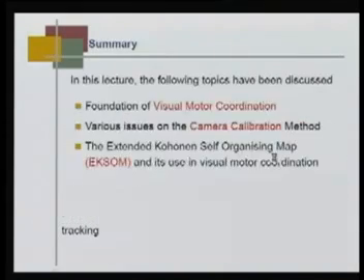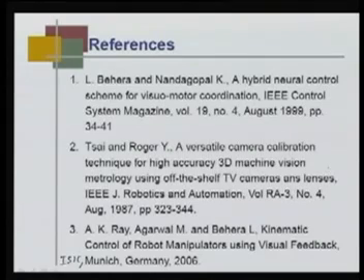In this lecture the following topics have been discussed: foundation of visual motor coordination, various issues on camera calibration, extended Kohonen self-organizing map and its use in visual motor coordination. The references are one of our papers in IEEE Control Systems Magazine in 1999.